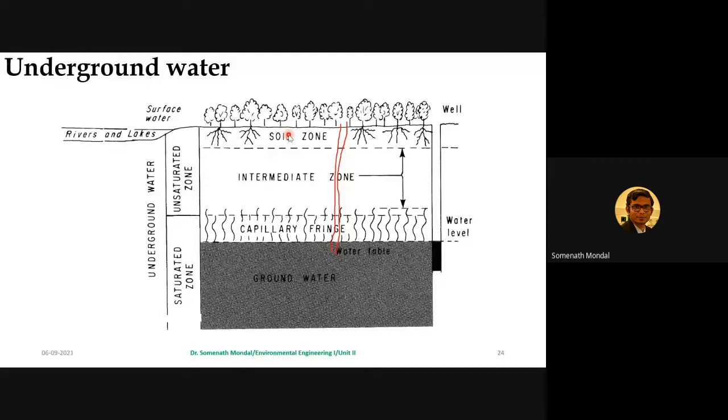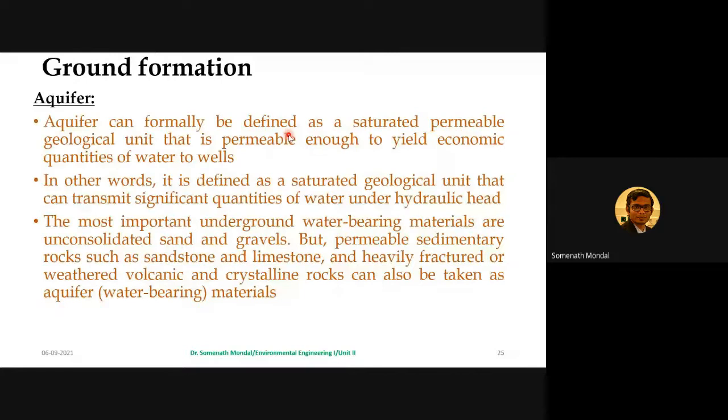So with this, I'll move to different formations which we usually talk about, and they act as the different sources of groundwater. So the first one is aquifer. So aquifer is a word which was produced basically from the Latin.